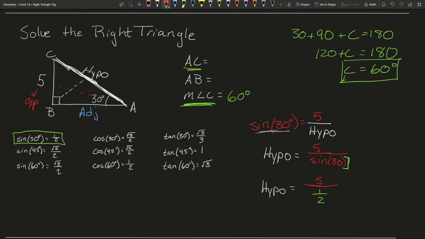Now, when we are dividing by a fraction, we are really multiplying by its reciprocal. So this is really 5 times the reciprocal of 1/2. So it's really 5 times 2, which is equal to 10.